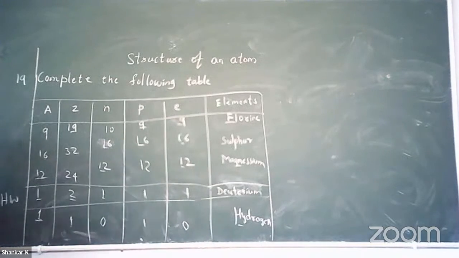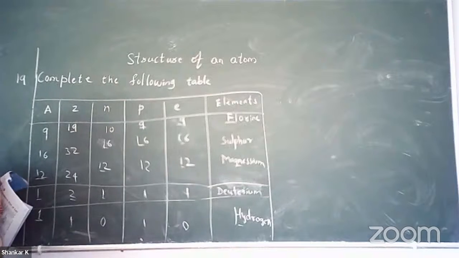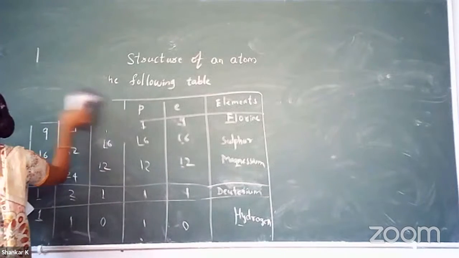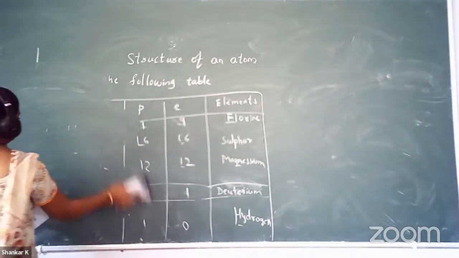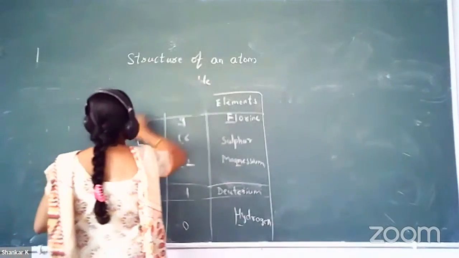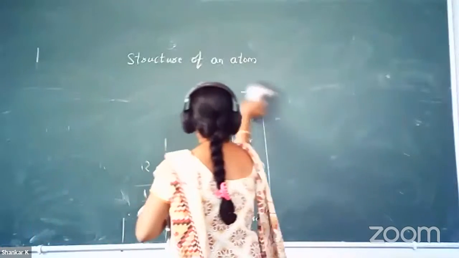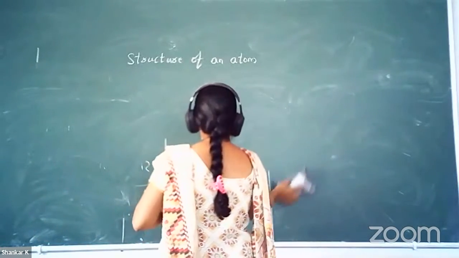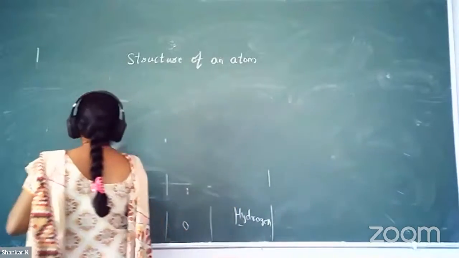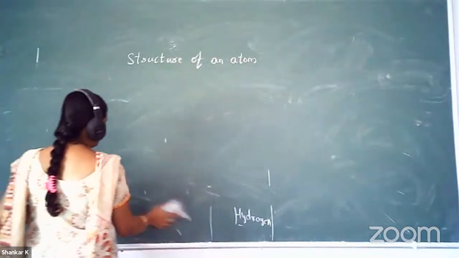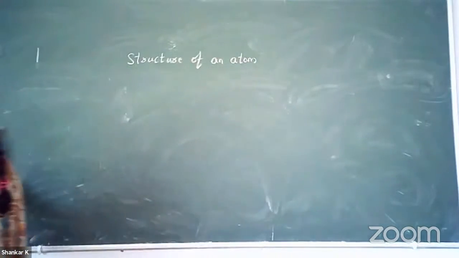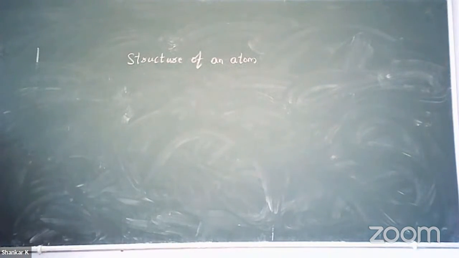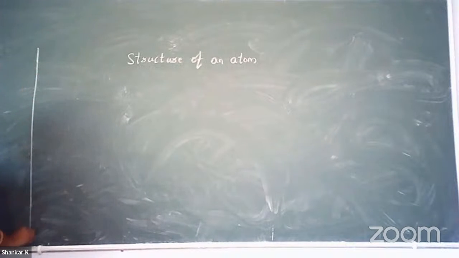Completed? Yes, ma'am. Now question number 18 is there, my students. The correct electronic configuration of sodium is which? So what is the atomic number of sodium, students? 18 questions from your textbook I am coming to, just you see.